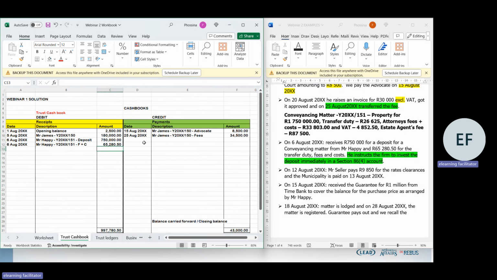So how do we do it? Money is now going to move from the trust account. So we assume on 6 August 2011, it's the matter of Mr. Happy. We are moving the transaction. Where is it going?